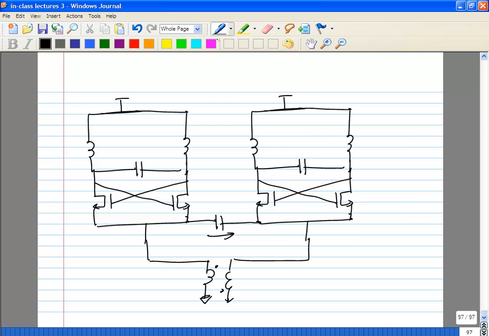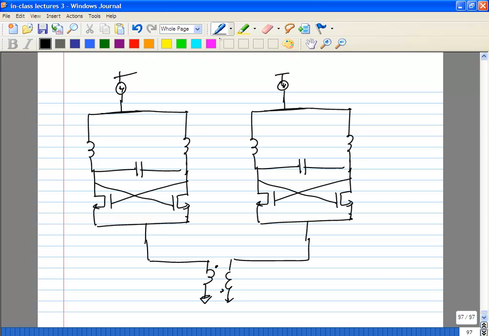Okay, and of course you need to have some kind of biasing scheme. Transformer coupling. Okay, there are actually many ways to do this. Okay, so now in this case you are actually exploiting the phase relationship between the currents. In the case of the capacitive coupling, we are exploiting the voltages.